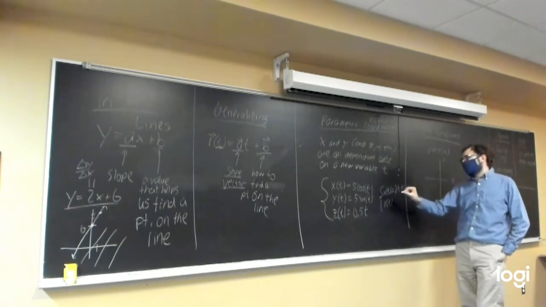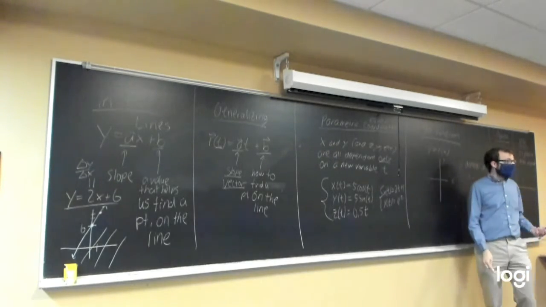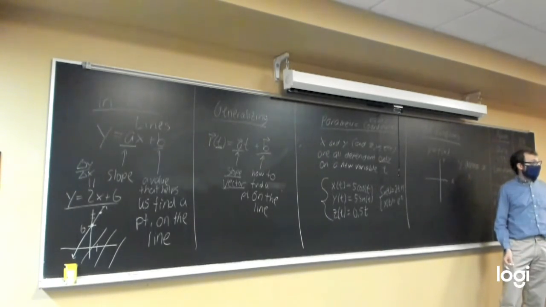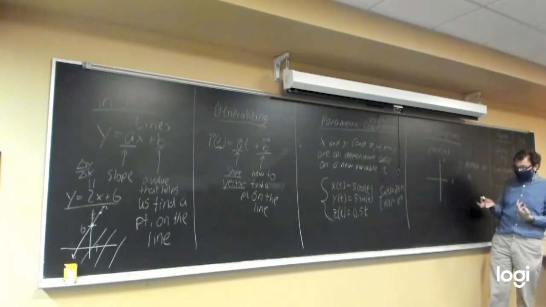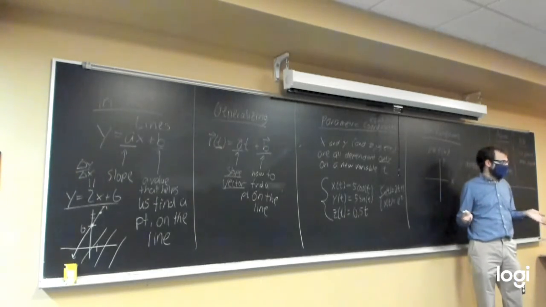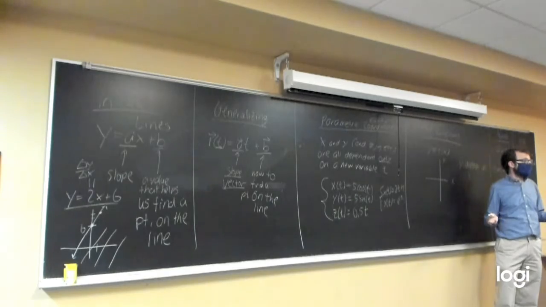Let's do an example in R2 as well, just so you have something. Instead, when you're dealing with parametric equations, x, y, and z are all determined by plugging in some number for t and seeing what results when you look at the corresponding x, y, and possibly z values.